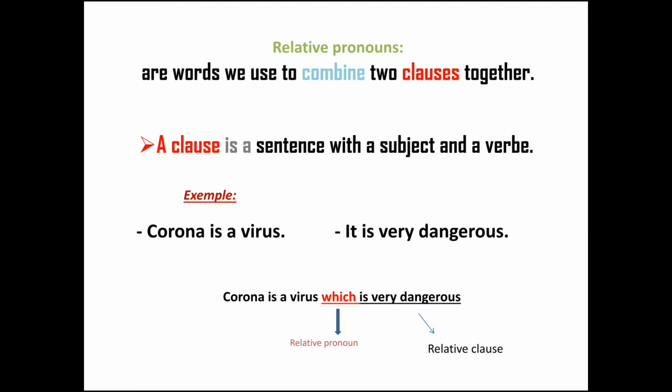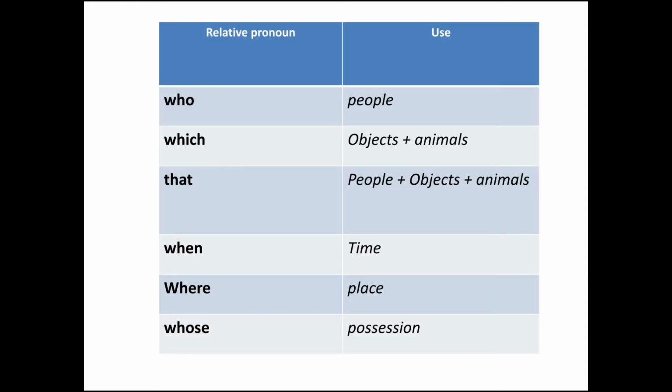Okay, let's discover now relative pronouns. Relative pronouns are like the following. We will see the relative pronouns and their usage. So we have who, it is used for people, which for objects and animals, that for people, objects, and animals.